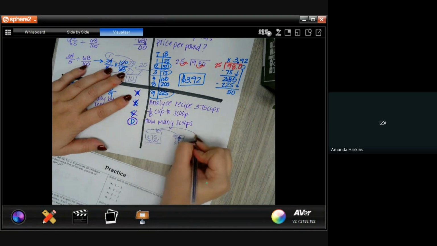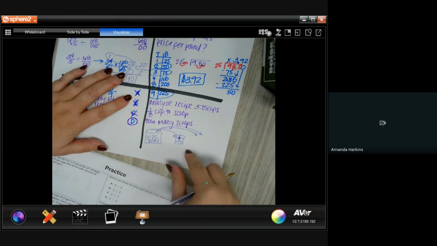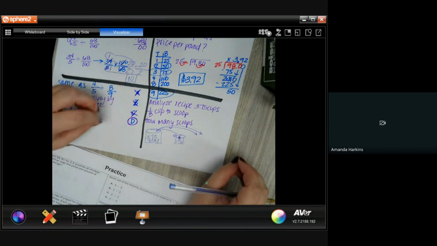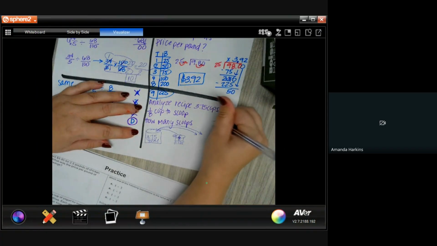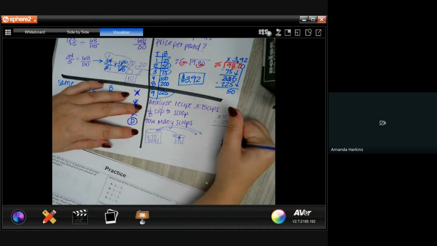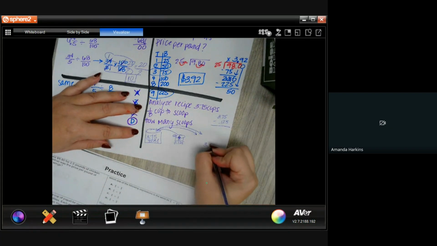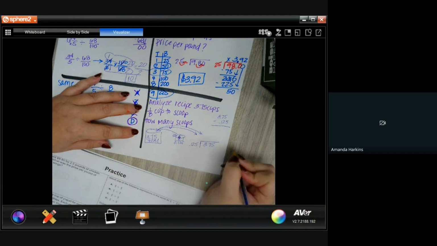So I can keep taking things out and do repeated subtraction. So I can do 3.75 minus 0.125. And I can keep going and keep going, right? But repeated subtraction is just what? Division. So I have 3.75 divided by 0.125.